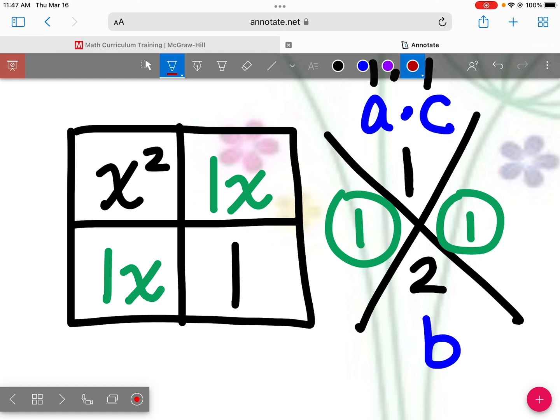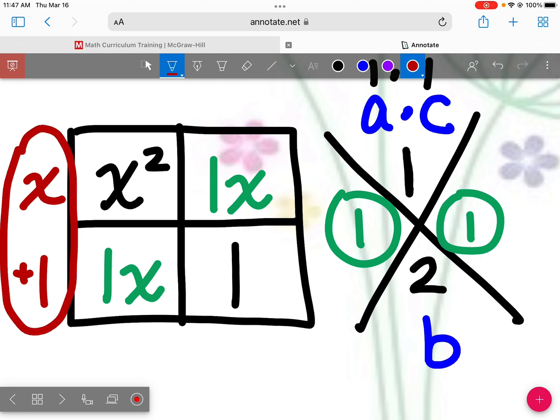All right, all my rows and all my columns. What does the top row have in common? What's the GCF? x. What about the bottom row? 1. Positive or negative 1? Positive. That is a factor of my denominator.